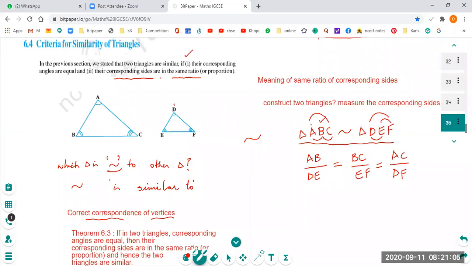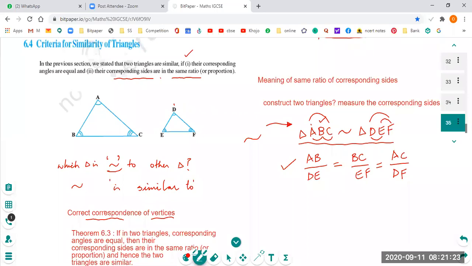So what I wanted to understand by seeing the triangles, I can write even without seeing the triangle if the vertices are written in the correct correspondence. Very important, correct order.